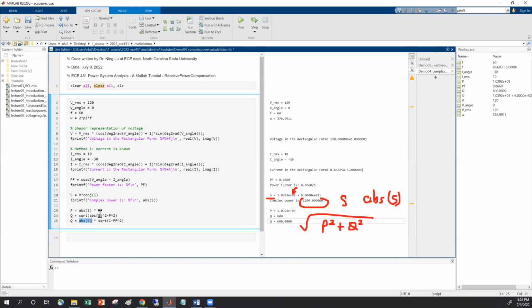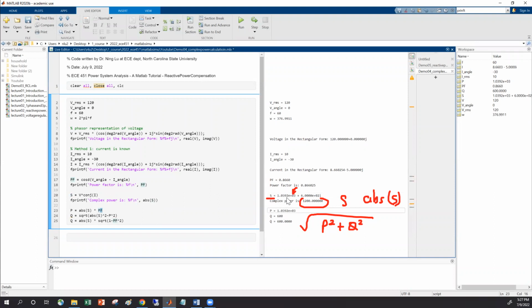So to summarize, if you want to compute the real power, you first compute the complex power, and then use the complex power times the power factor, which is computed from the angle difference between the voltage and the current. You take the cosine of it, that will be my power factor, okay? So you use the magnitude of this complex power times this, then it will be the real power, okay?